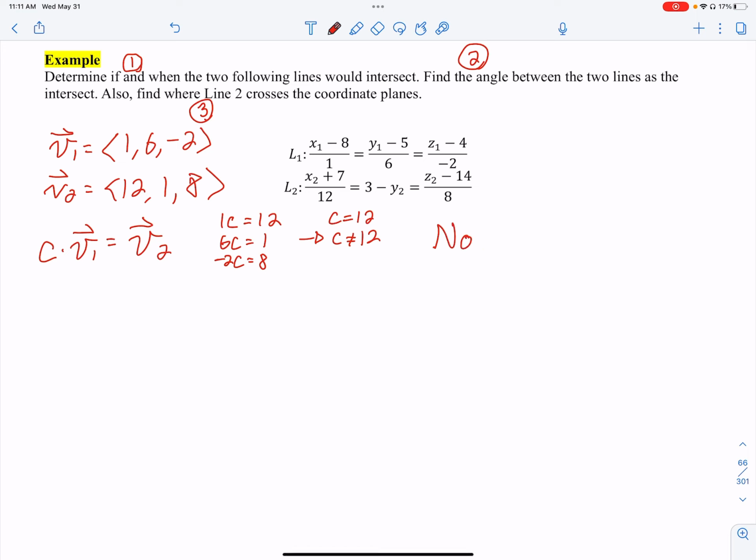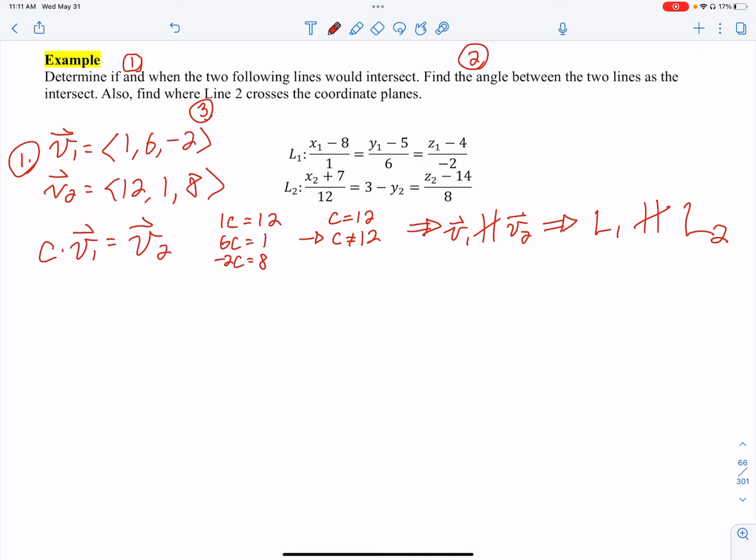Well, I guess we should follow our logic. This tells me that V1 is not parallel to V2, which implies that L1 does not equal L2. Okay, so not parallel. That was part of number 1. So let's put number 1 here so we're keeping track of the numbers.